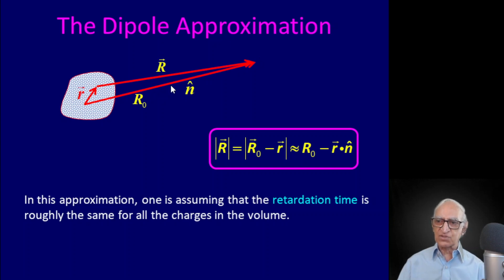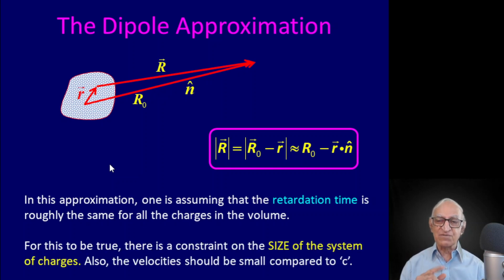In this dipole approximation, we are going to assume that the retardation time, which is t minus r by c, remember, r is going to be different for different charges, because r is capital R naught minus small r dot n. So this capital R is going to be different for all the charges inside this little volume. We are going to assume that the retardation time is the same approximately for all the charges in this system.